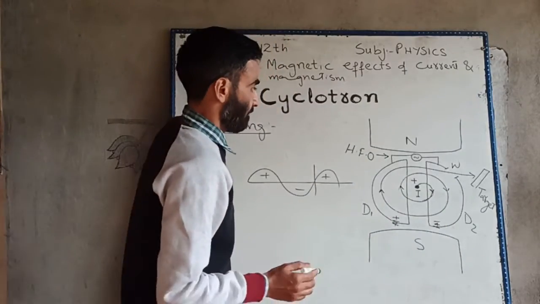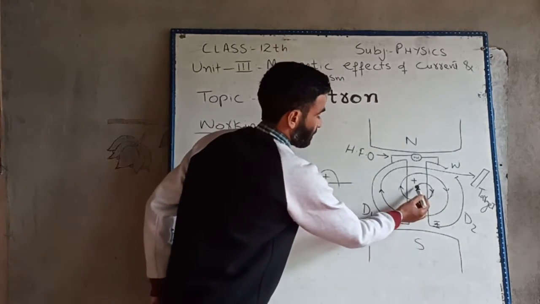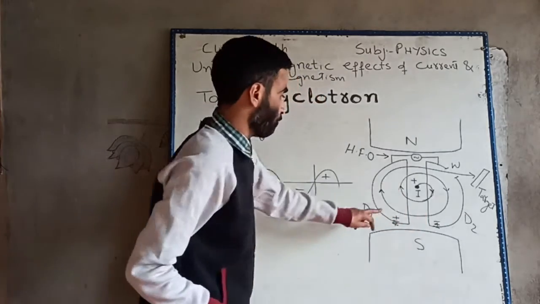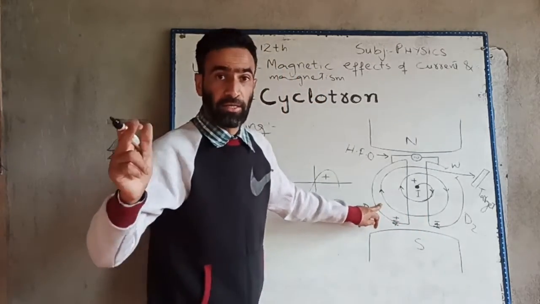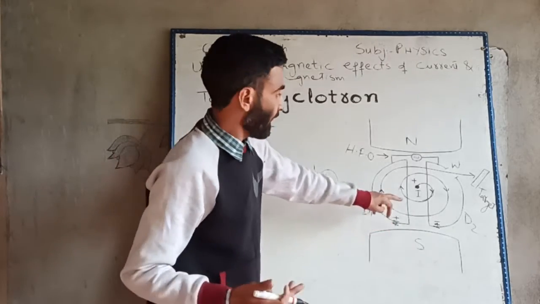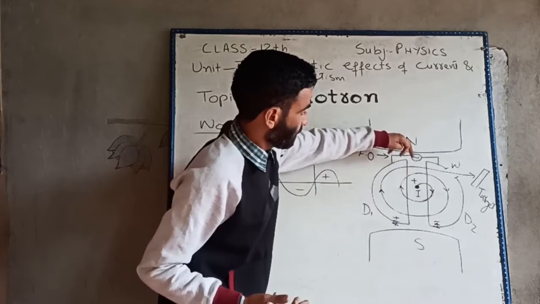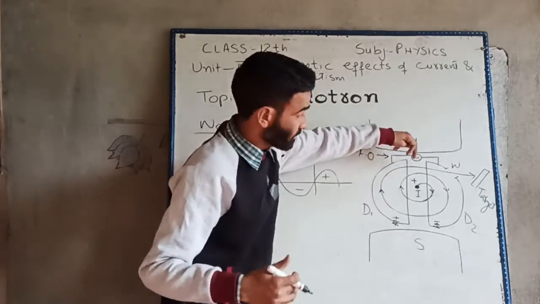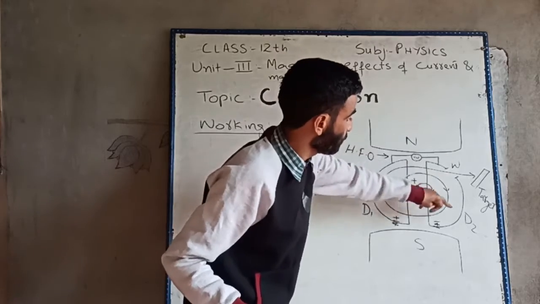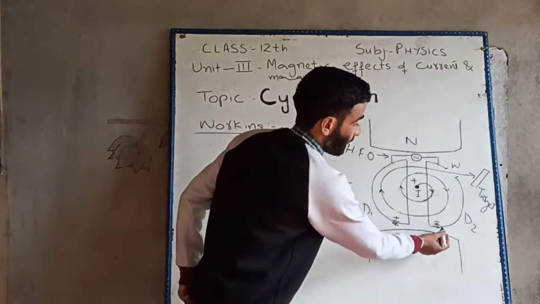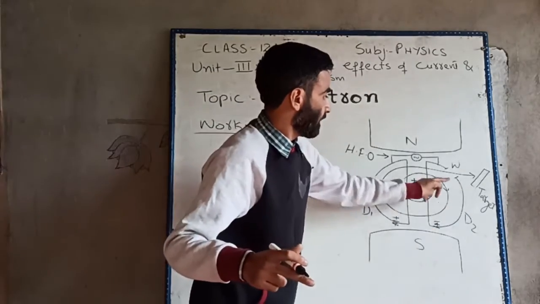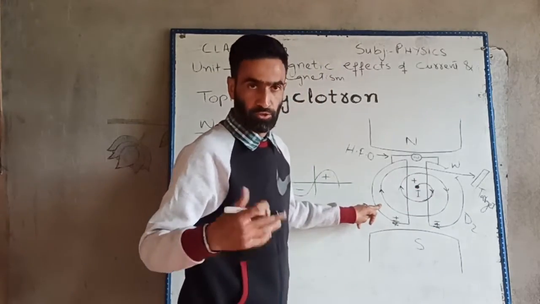That is, when the charged particle comes out of D2 in the first half and enters D1, at that time D1 should be at negative potential, and when it covers the next semicircular path and enters D2, now again D2 should be at negative potential, and D1 should be at positive potential.